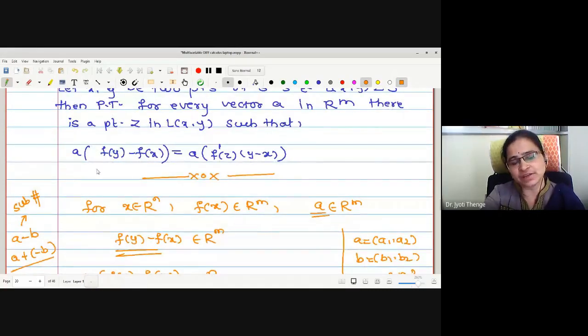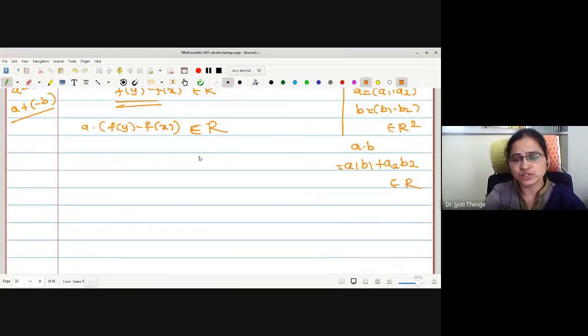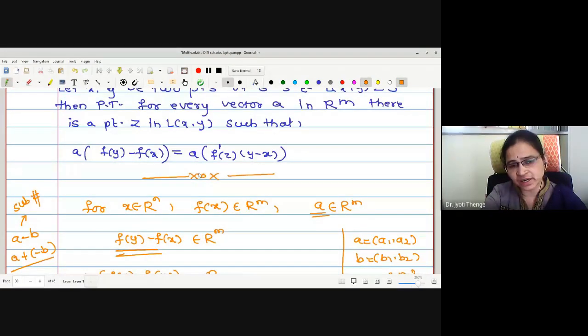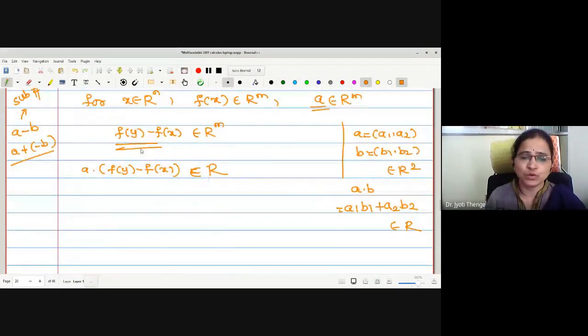But whatever left hand side and right hand side we are getting, both give us real numbers, the scalar numbers. And that's why the mean value theorem was taken like this. Let me go towards the proof of the statement so that the idea will be clear.